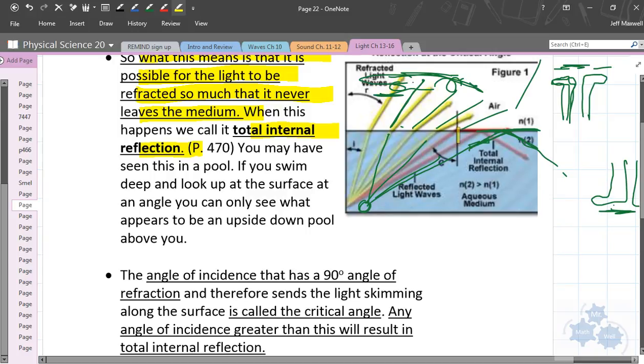It's sort of the angle that cuts off between the light rays coming through and the light rays getting reflected. This is called the critical angle. Again, it's the angle of incidence that has a 90-degree angle of refraction.